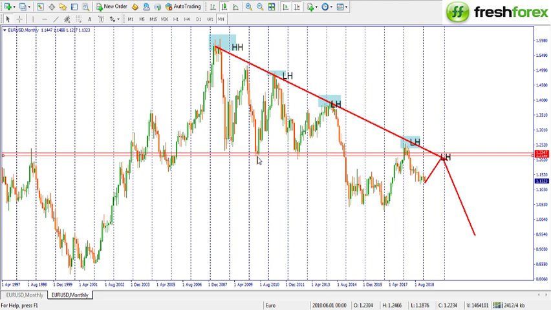It comes to the same support, tries to come back up but bounces from that trend line. So if this was the highest place, this is lower than the previous one, and this one is lower than the previous one. The next one, which is this, is even lower than the rest. Then we expect in the future price to come to the same trend line but should not break above it.